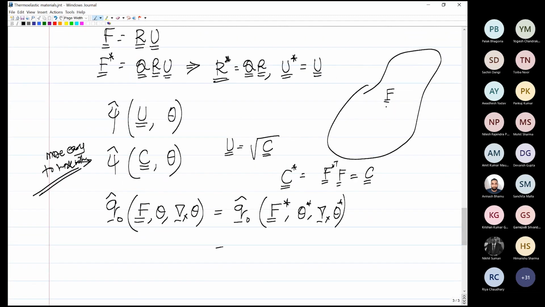Which is actually the same as Q naught hat of QF, and theta star is the same as theta, and grad X theta star will also be the same as grad X theta, because theta star is the same as theta, and the gradient here you are taking with respect to the reference configuration, and the reference configuration does not change when you go from y to y star. So grad X theta also remains the same.